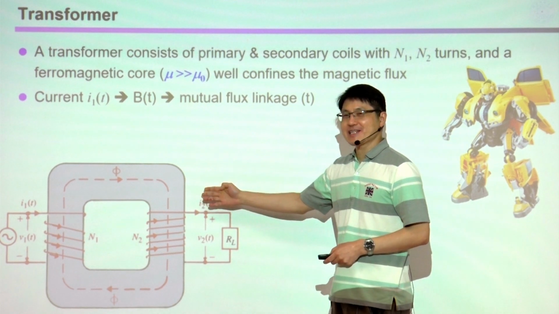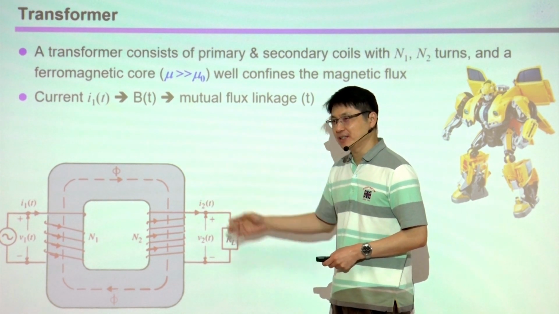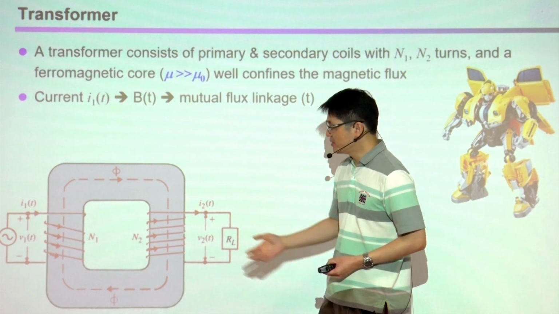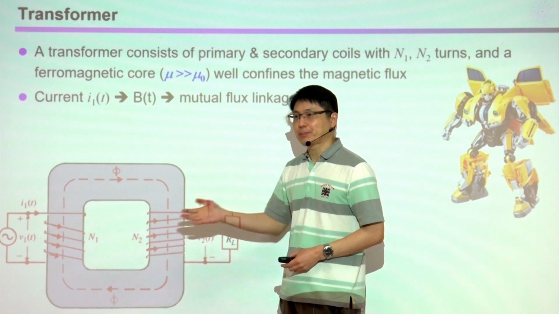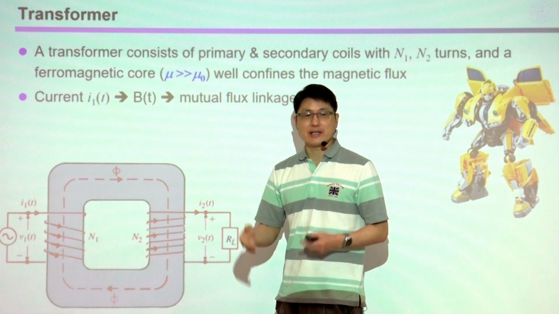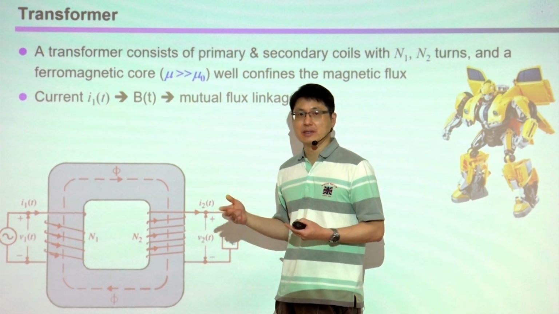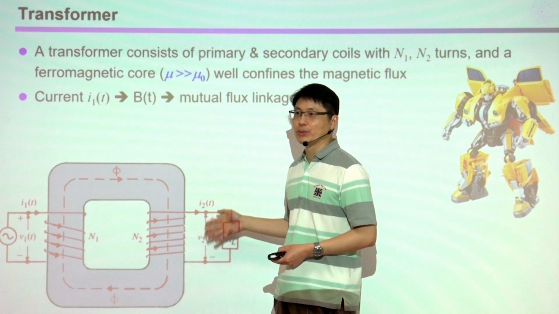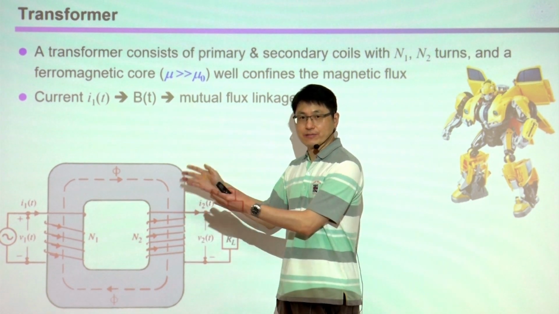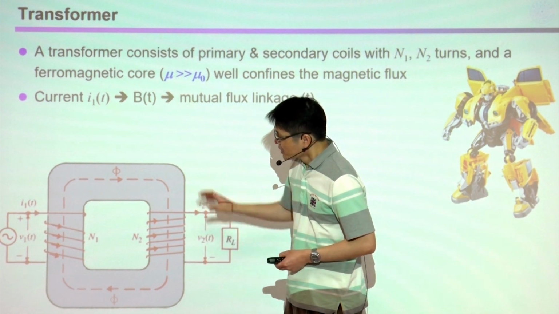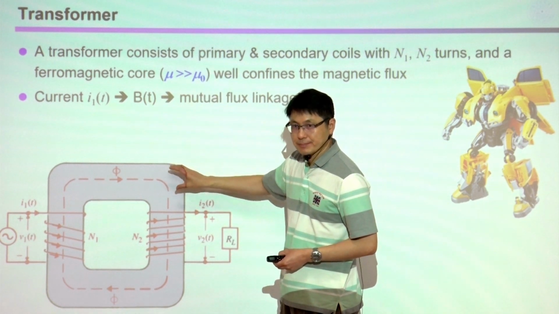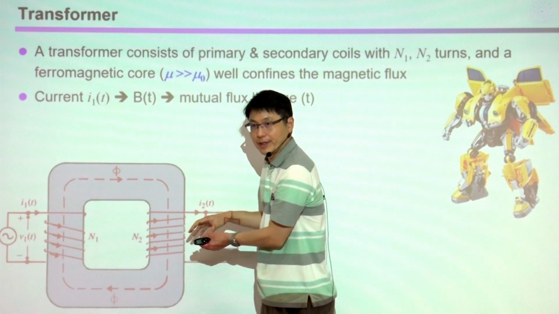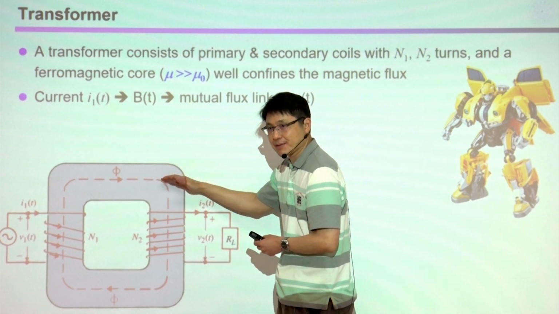For the course called electric circuit, everybody was forced to learn the transformer. Probably starting from high school, I still remember having to memorize all the relationships for a transformer. So what is a transformer? A transformer has a magnetic core, a magnetic material.